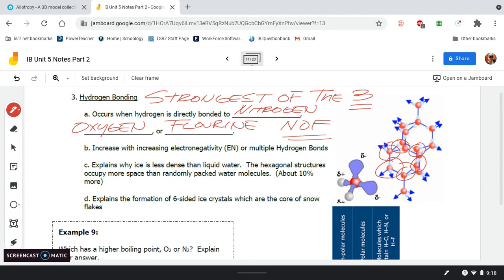They attract, and what happens is they form a pocket of air in the middle, and that pocket of air is going to create a lower density for ice. It's about 10% less than the liquid, and that's because it expands and has the air in there.